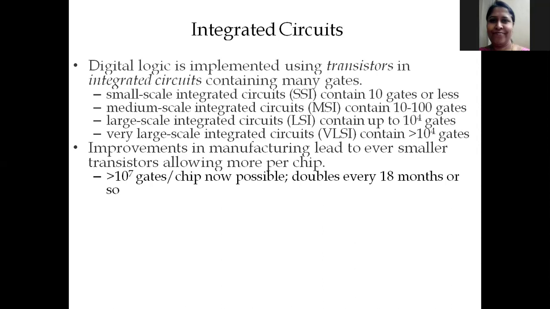We are now able to manufacture millions of gates in a single chip, and the number of transistors doubles every 18 months or so. This was foreseen by Gordon Moore, and hence the statement is also called Moore's law.